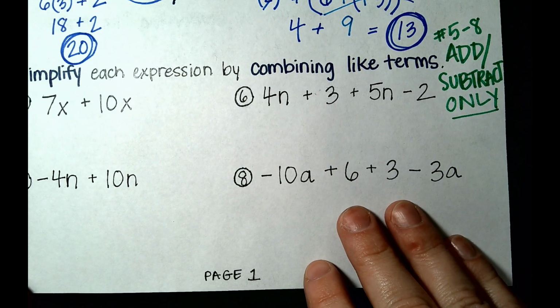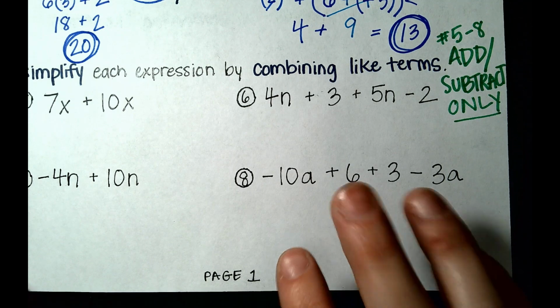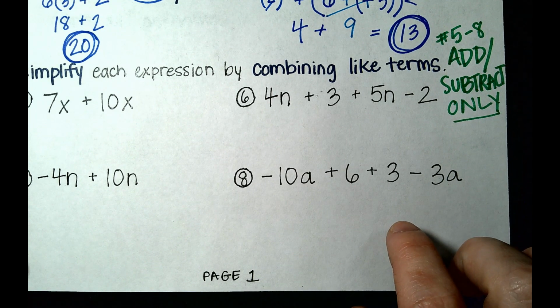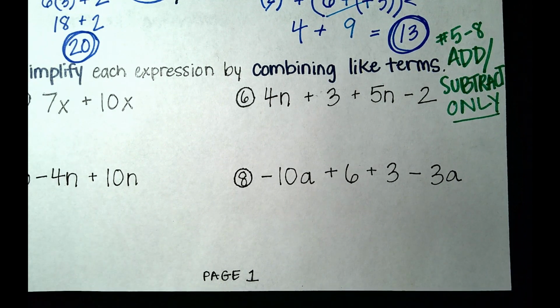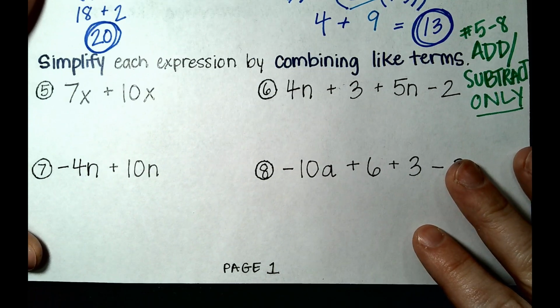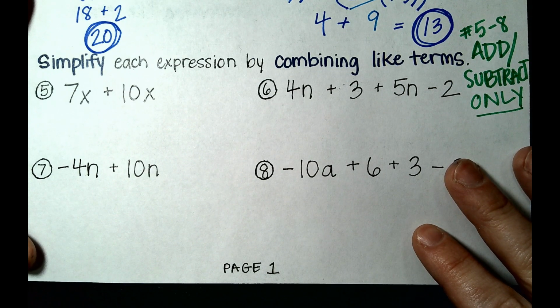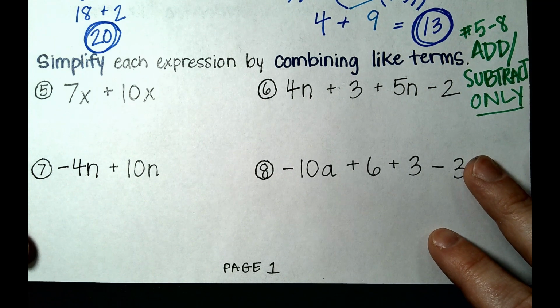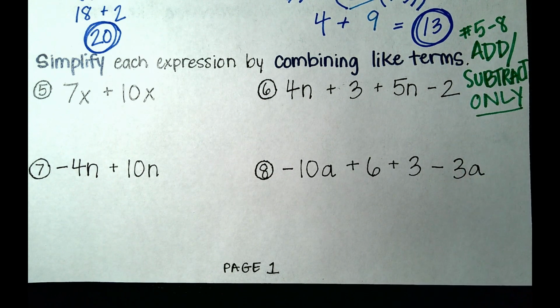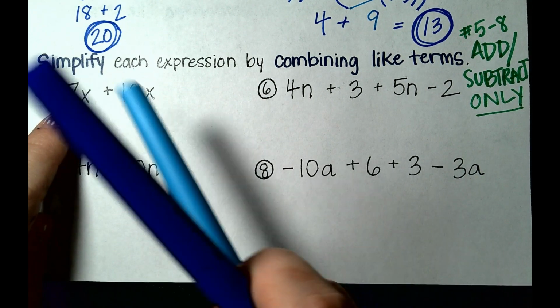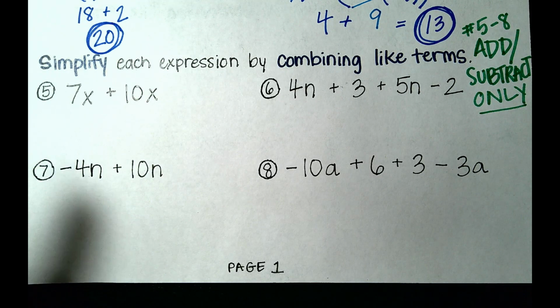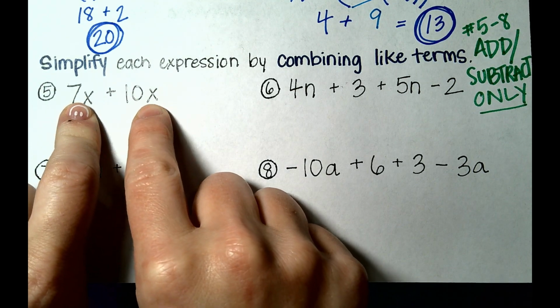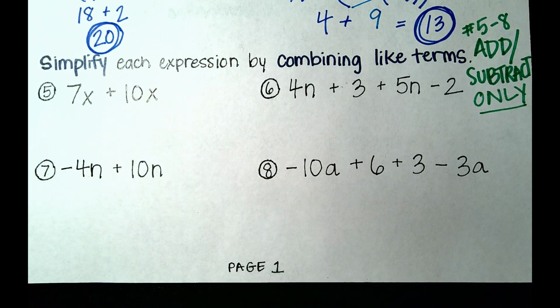You guys remember what like terms are? Yes, what are they? The same variable, the letter. Yes, the variable. You add or subtract the numbers if they have the same variable, the same letter.